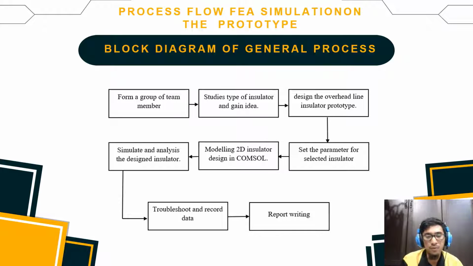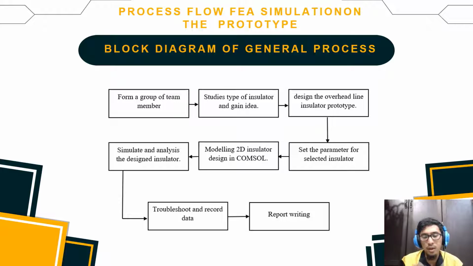It starts from forming a group of team members, who will study the types of insulator and gain ideas and information, and then start to design from the idea, and design the overhead line insulator prototype. Then in designing, the parameters of the selected insulator will be used to model the 2D insulator design using the COMSOL software.